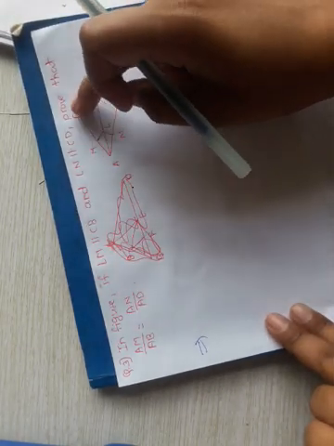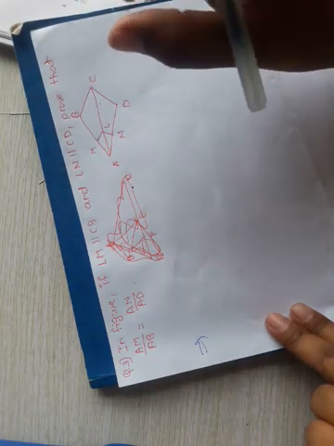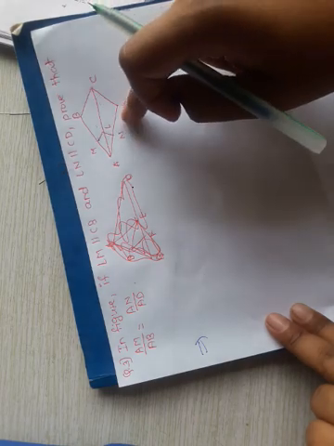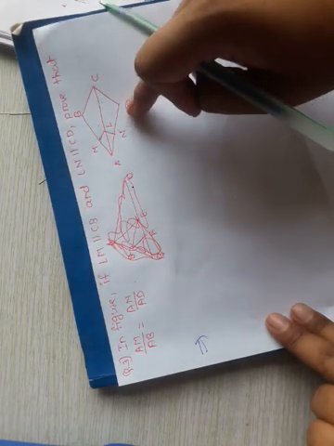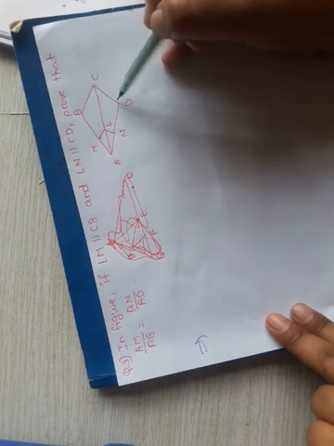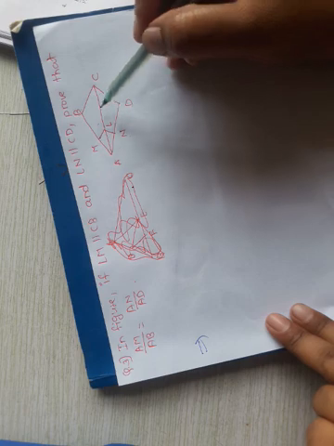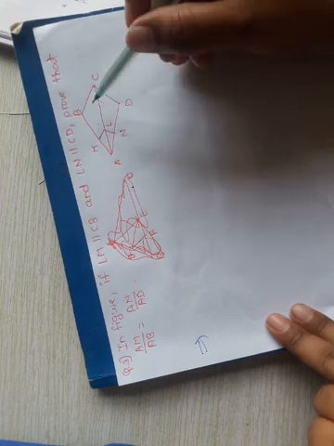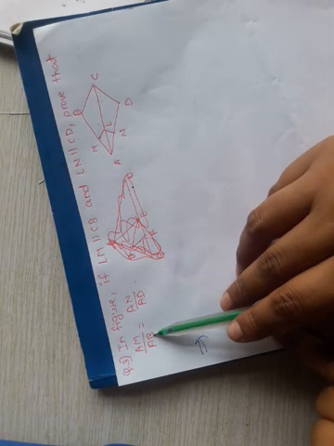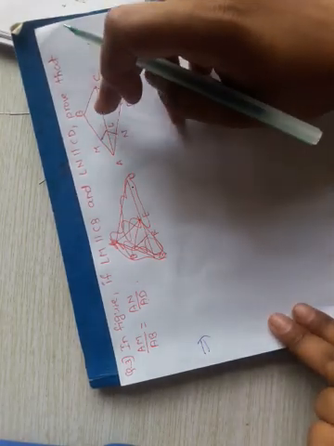So in triangle ABC, LM is parallel to CB, and in the second triangle ADC, LN is parallel to CD, so again we use the basic proportionality theorem. Using these two theorems we have to find that AM upon AB is equal to AN upon AD. So first use the basic proportionality theorem for both triangles.